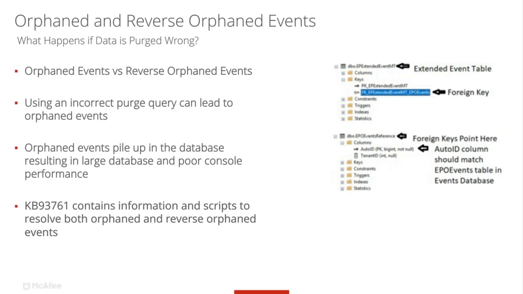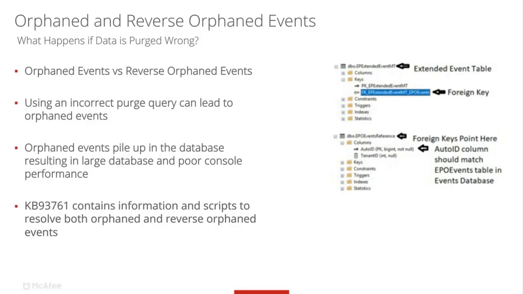It almost always happens because someone has been using a purge query that was originally written for ePO 5.9, not one of our refreshed or updated purge queries, to directly purge thread event data via SQL. And that purge query does not account for the fact that the corresponding events need to be removed from the ePO event reference table, and then therefore it creates these orphaned events.